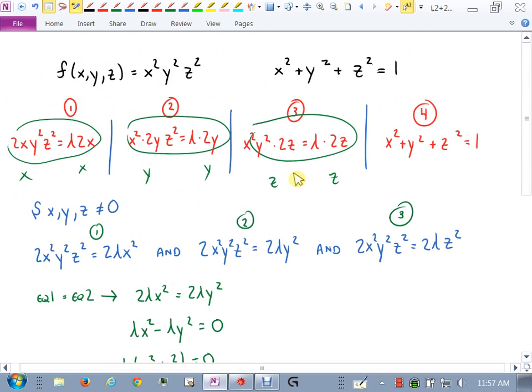Go back to the very beginning of the problem. If lambda was 0 right here, you would have that 2x y squared z squared would have to be equal to 0, which would mean what? One of those would have to be 0. But we said, assume that none of them are 0. And at the very end, we're saying lambda 0 means that one of those had to be 0, which means that lambda can't be 0.